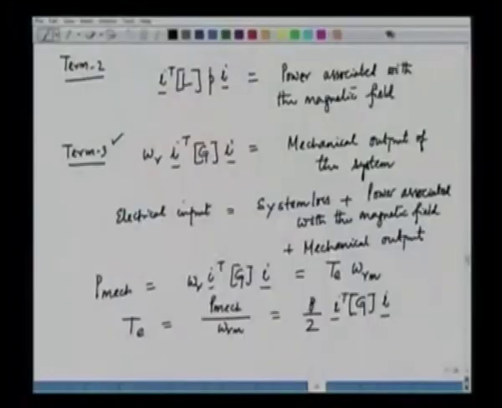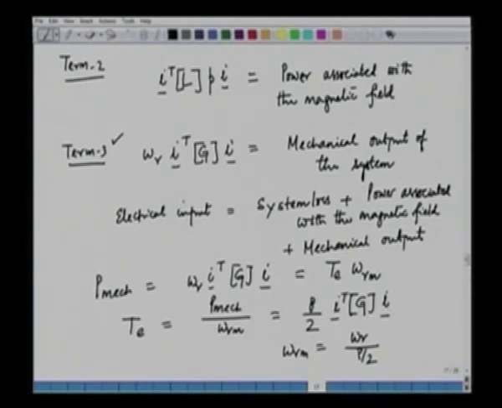and then we have a P by 2 term here because the mechanical speed is given as the electrical speed divided by the pole pair, that's P by 2. P is the number of poles, and hence the electrical speed divided by the pole pair will give us the mechanical speed. And if you divide P mechanical by omega Rm, what you obtain here is the torque output, that is Te, that's equal to P by 2 into I transpose G into I. Okay.